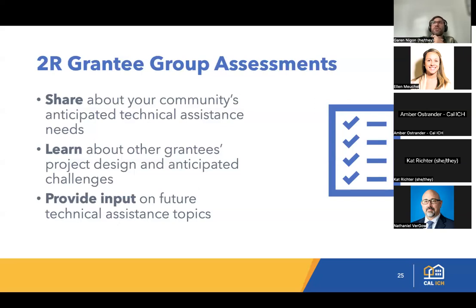Each call is going to include a handful of different ERF projects, so 3 to 5 different ERF projects. During the call, program staff are going to share about each project's anticipated technical assistance needs. And you're also going to have a chance to hear directly from other grantees currently working on ERF projects. The calls will last about an hour.